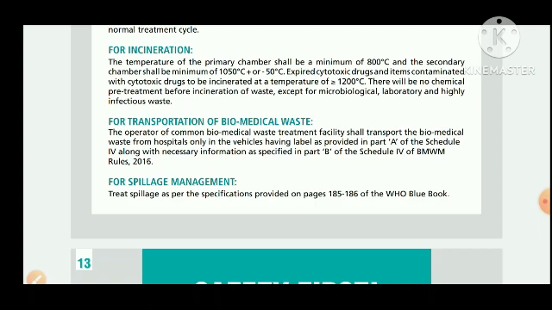So at this temperature, these expired drugs and the waste contaminated with the cytotoxic drugs are to be incinerated. For such kind of waste, we cannot go for chemical pre-treatments, right?